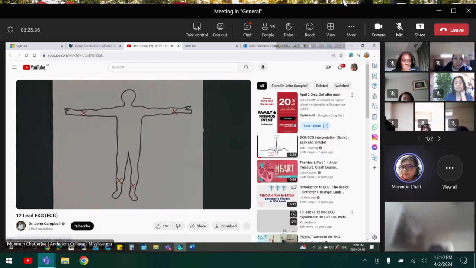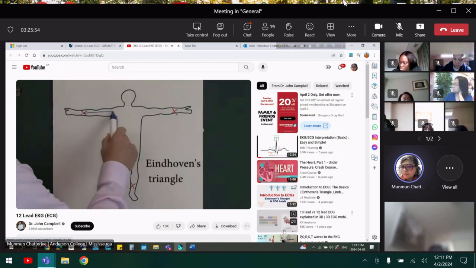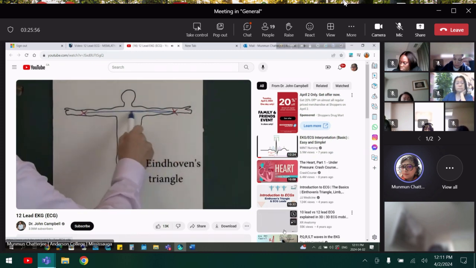So how do we explain the fact that it's a 12-lead ECG? Well, what we can imagine is what is called Einthoven's triangle. An Einthoven's triangle is just that, it's a triangle. There's an imaginary line going from there to there like that. That's one side of the triangle.